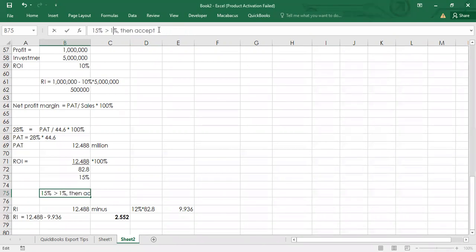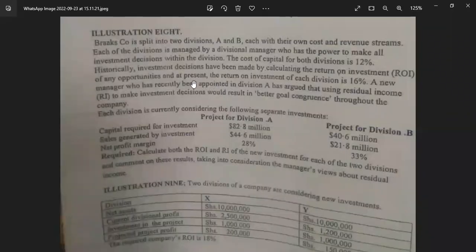So when you have 16%, then you will actually reject, because previously all the projects are at 16%. I missed that part in the question. At present, the return on investment of each division is 16%. So any project that brings a return less than 16% is not worth it, although of course keeping other factors constant.